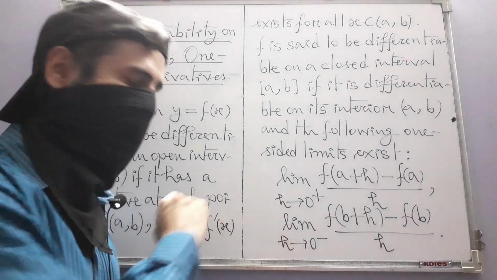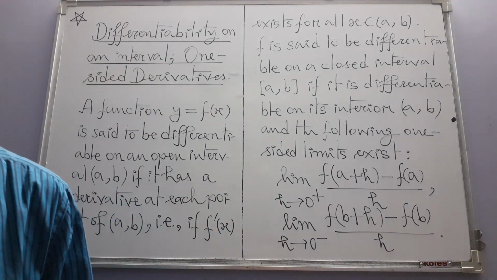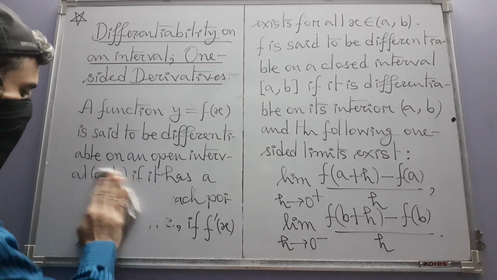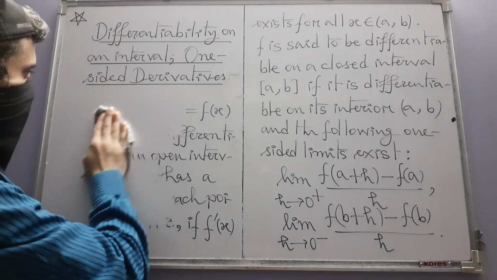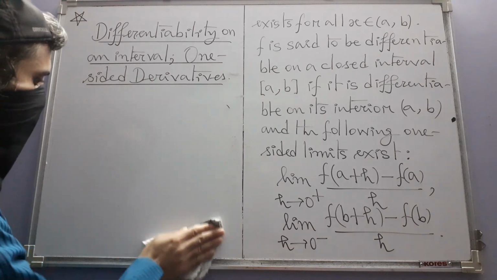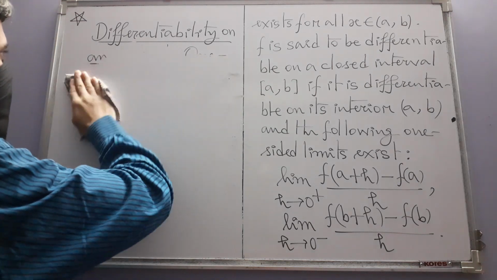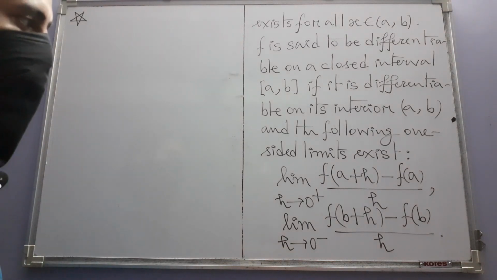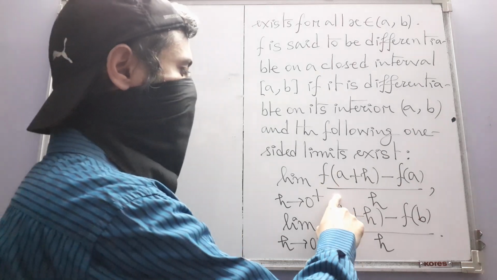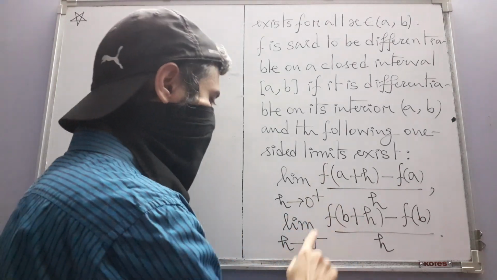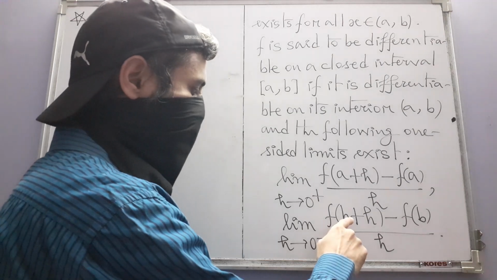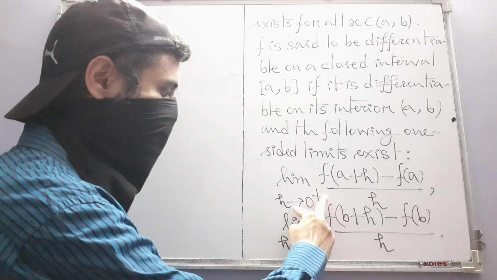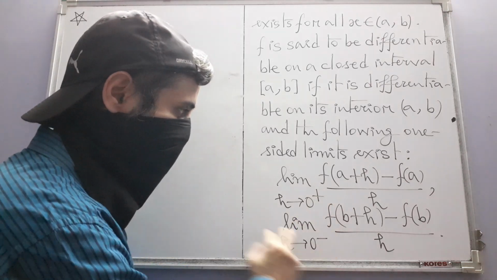Now note that these are one-sided limits. Accordingly, they are not simply called derivatives but one-sided derivatives. More specifically, this is called the right derivative at a and this is called the left derivative at b, because we are considering these one-sided limits. This is a right hand limit and this is a left hand limit, that's why.